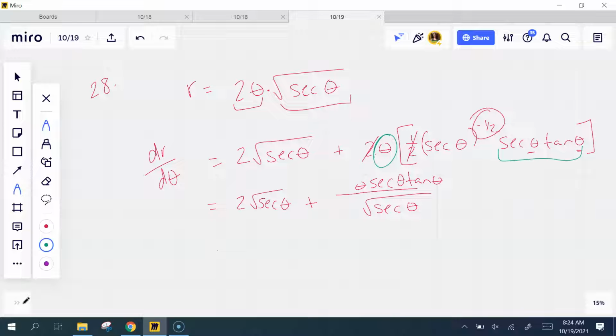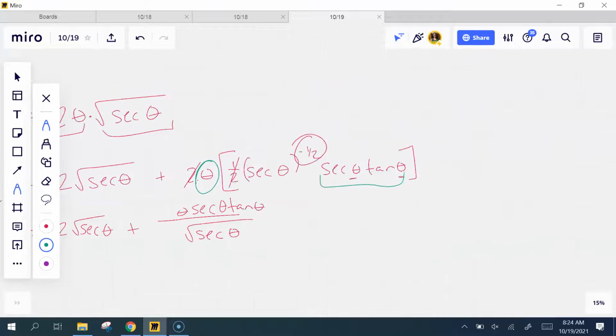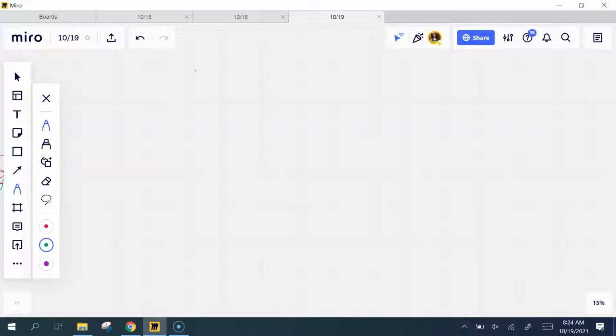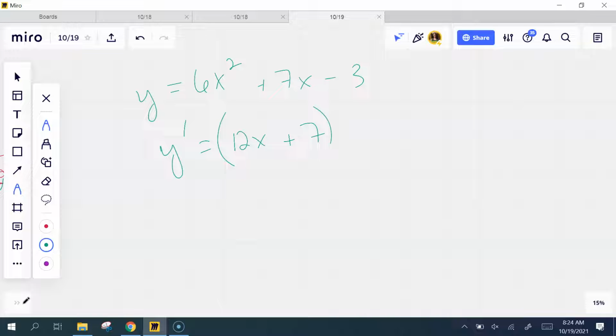If you see, kind of yes, but if I start with something like a polynomial, so 6x squared plus 7x minus 3, and I wanted the derivative here, that would be 12x plus 7. I don't do the derivative again inside here, and this is where some people were getting confused last week or right before we left.